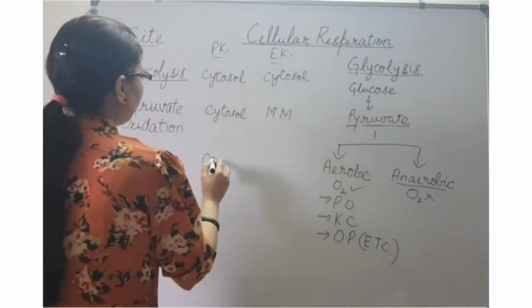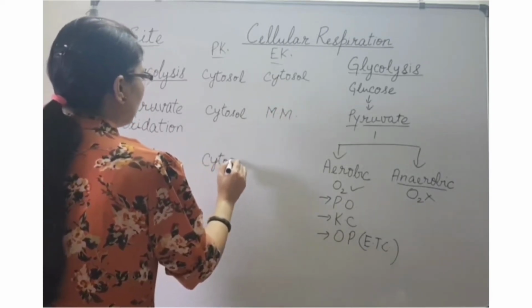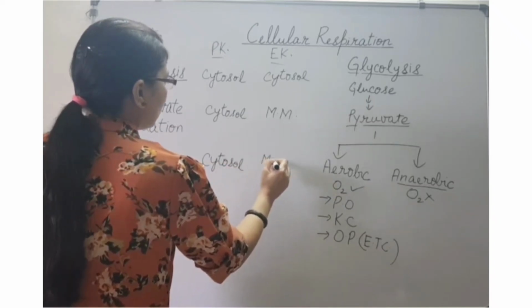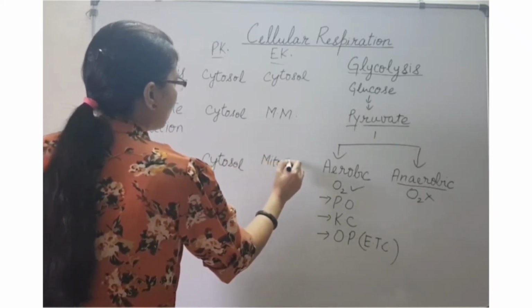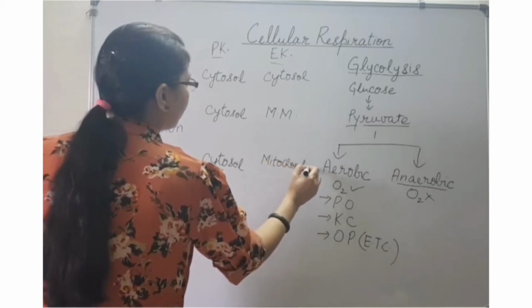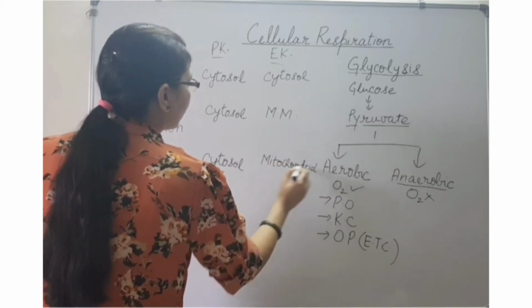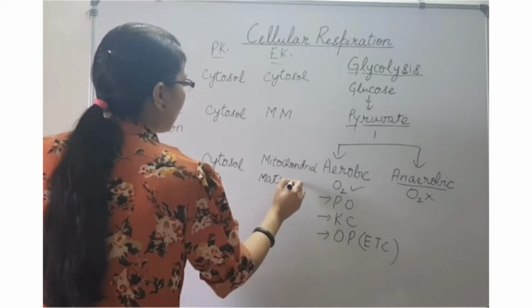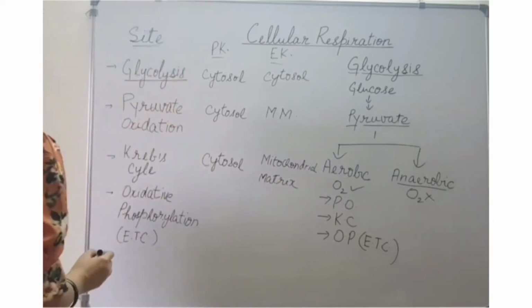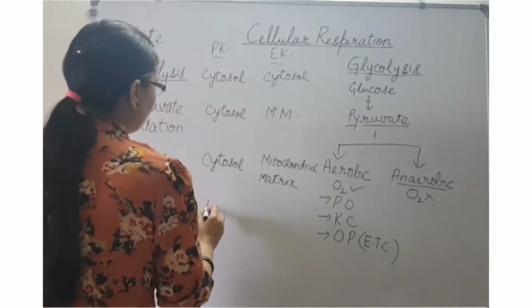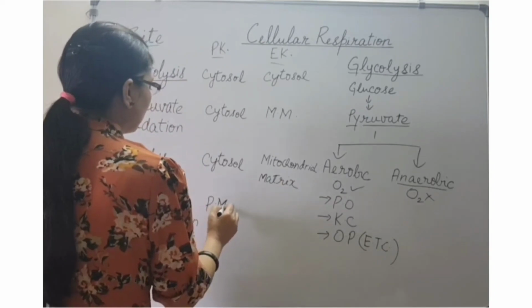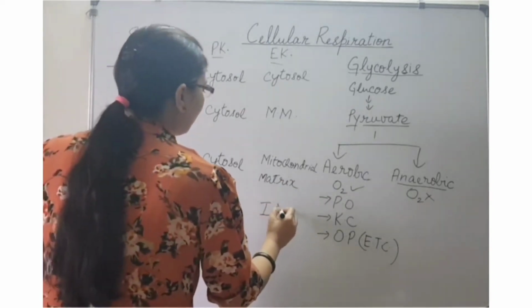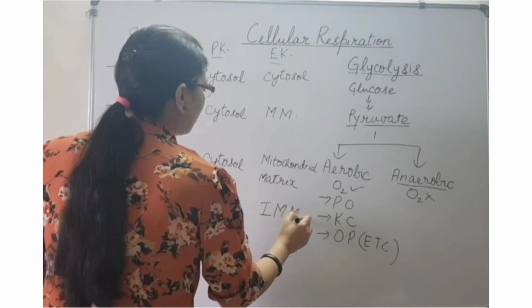Kreb cycle, in prokaryotes it takes place in the cytosol, and in eukaryotes in the mitochondrial matrix. Oxidative phosphorylation, in prokaryotes in the plasma membrane, and in eukaryotes in the inner mitochondrial membrane.